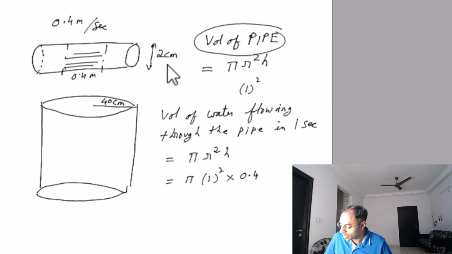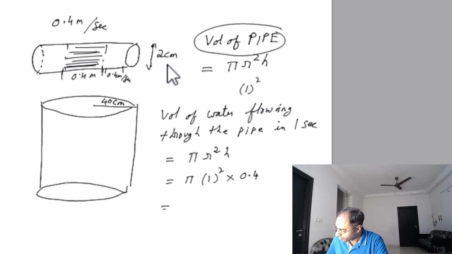So in every 1 second, the water covers 0.4 meter distance. So 0.4 meters in every second. So this is 1 second. And again, the next second, it covers another 0.4 meters. So every second, it covers 0.4 meter distance in that small pipe. So the height here is 0.4.